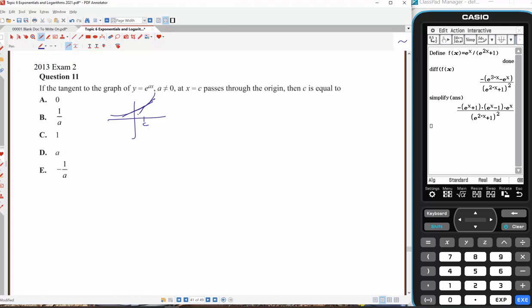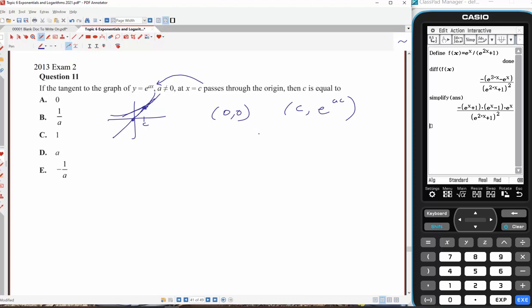At c there's a tangent drawn, and what that tangent does, that's a pretty bad tangent, but at point c, which is there, it's going to go through the origin. So it goes through (0, 0). The other point it goes through is (c, e^(ac)). Okay, so at point c, the y value is e^(ac), at x equals c.